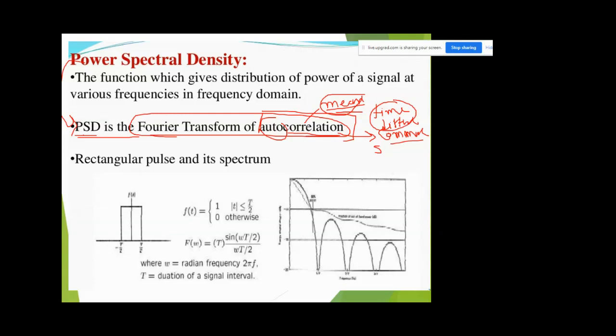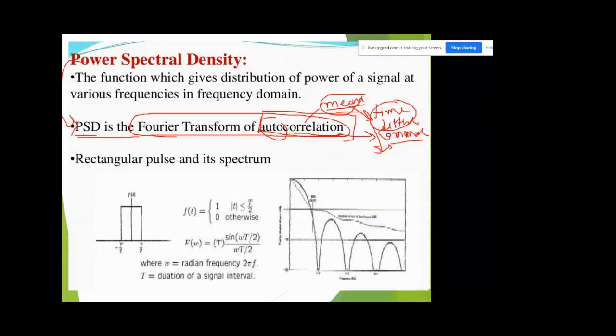In the autocorrelation function, these parameters are related with the same signal. That is the relation of the parameters of the same signal, and that is called the autocorrelation function.